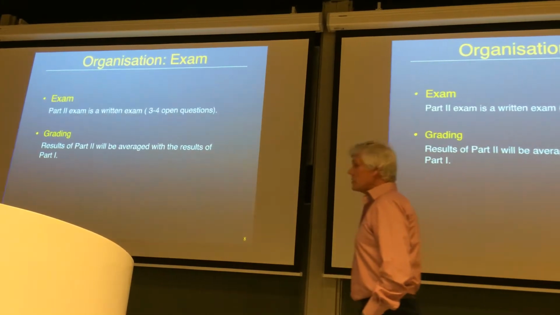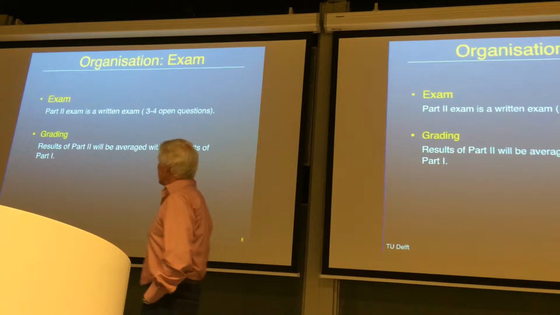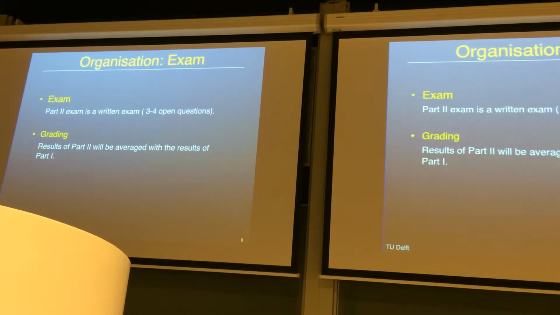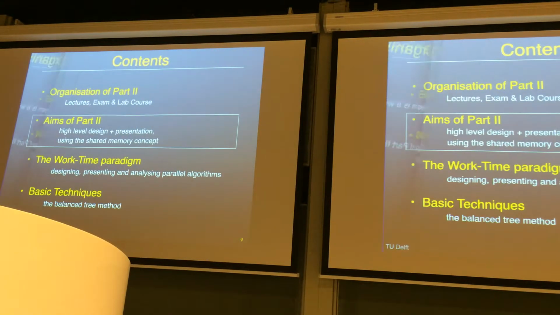There will be a resit of part 1 and part 2, of course, if you don't make it the first time. And the lab course will be completed separately. Okay. So far? Questions, maybe?